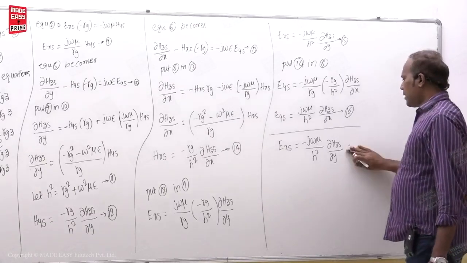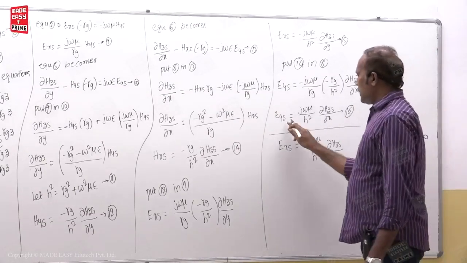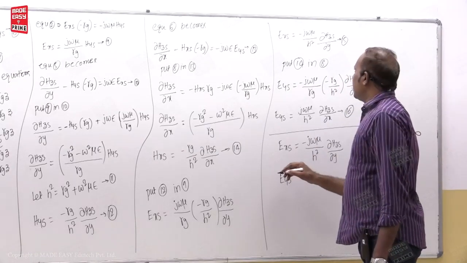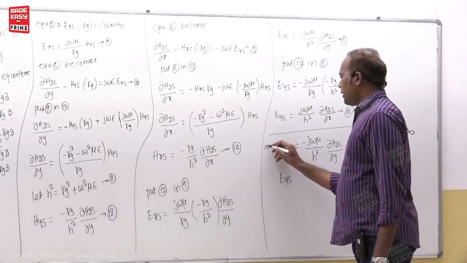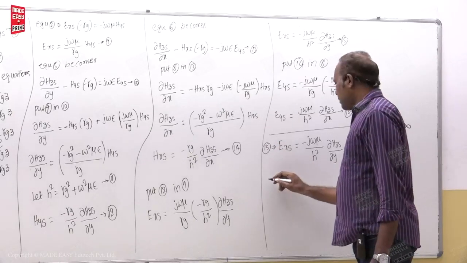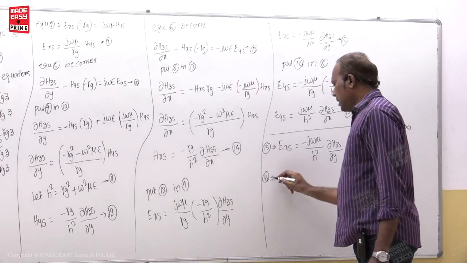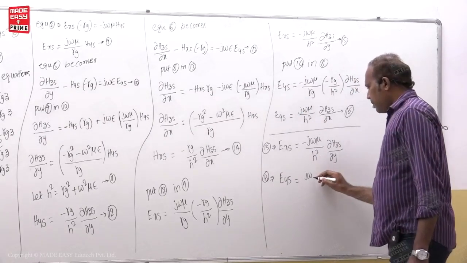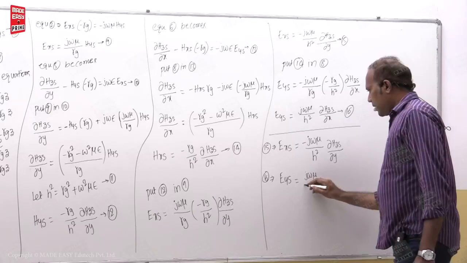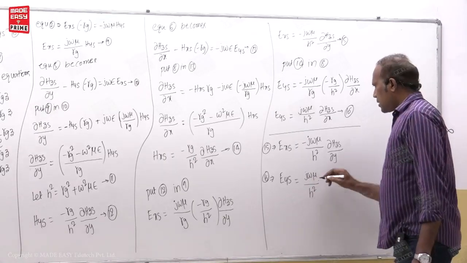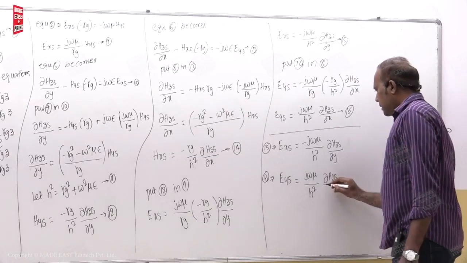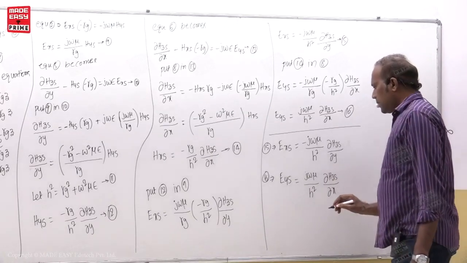Next, EYS here, this I wrote from equation 15. Then equation 16 I am writing in the sequence, students. EYS is equal to j omega mu divided by h square and dou Hz divided by dou x.